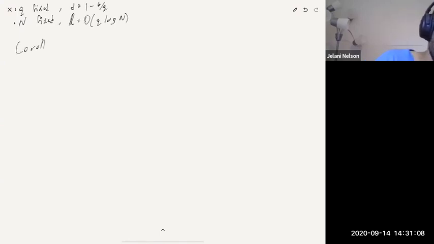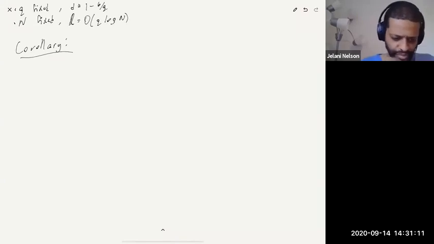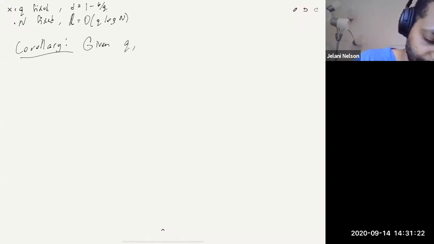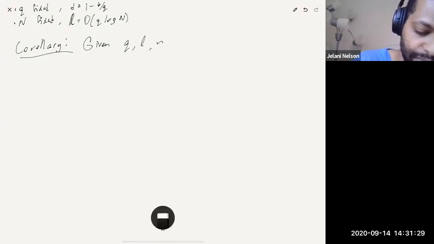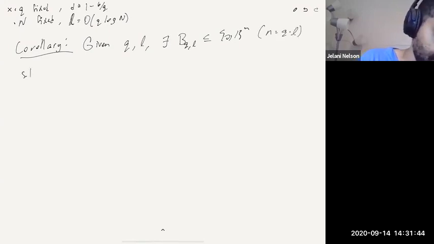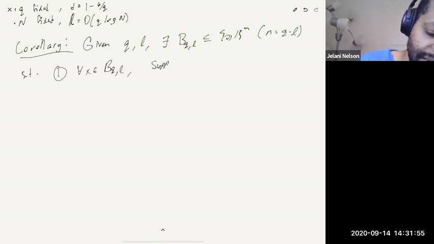So, corollary: there exists, let's call it B_{Q,L}, which is a subset of {0,1}^n, where n is now Q times L, such that the following are all true. 1, for all x in B, the support size of x is exactly L. What is the support size of x?